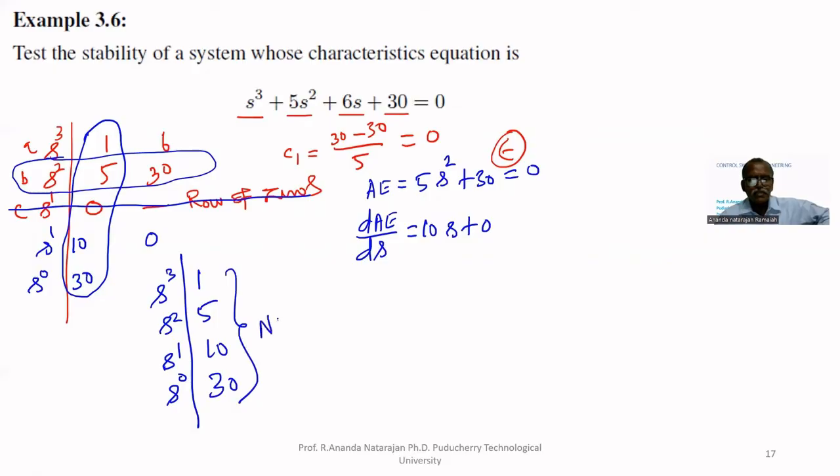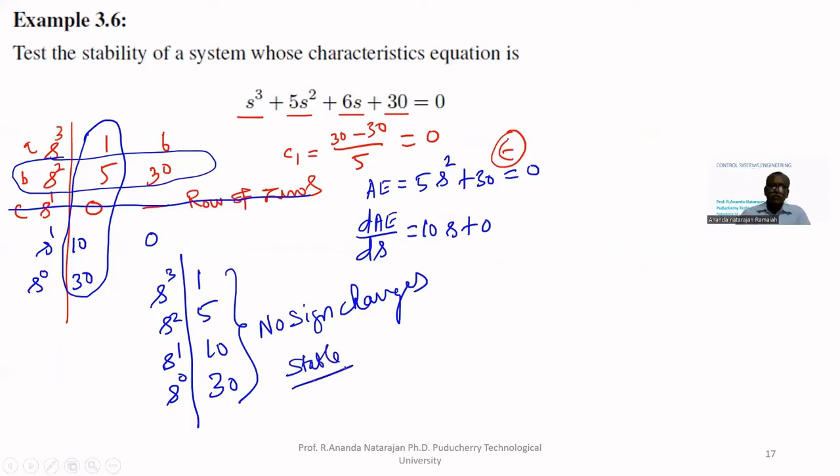No sign changes. Shall I say stable system? No, we cannot say that right now.